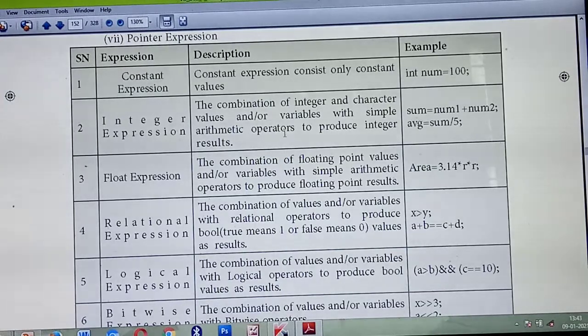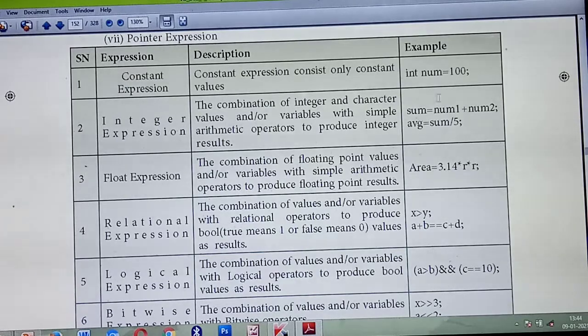For example, A plus B. A and B are characters. A plus B equal to 5. So 5 is a value. That's the integer value. If you are going to add A and B, which operator should you use? Arithmetic operator plus. That's the meaning. So integer expression means it's a combination of integer values as well as character values, along with some operators, then only you can produce a result. Understood what I mean by integer expression?